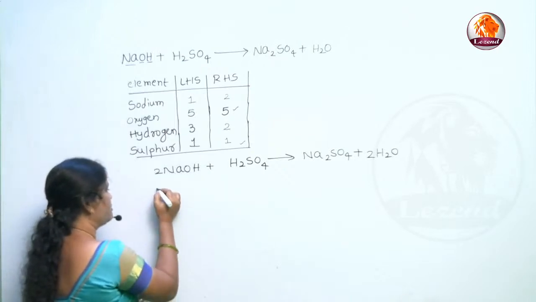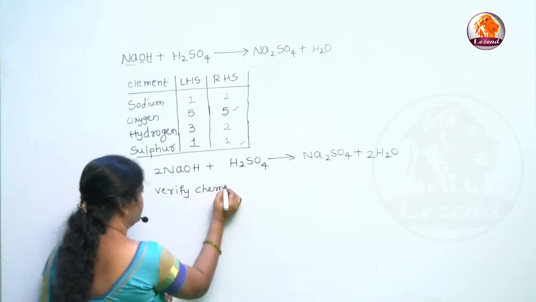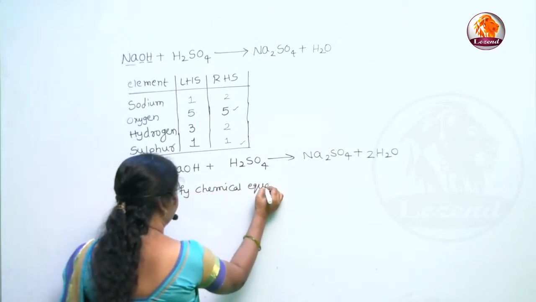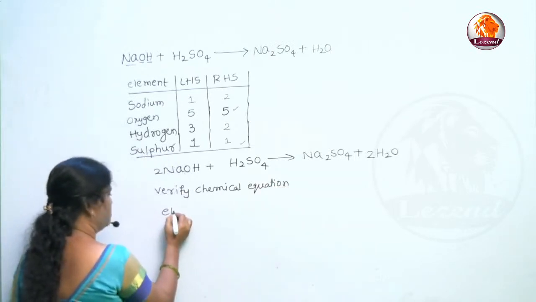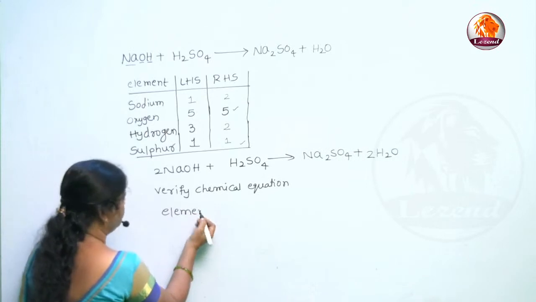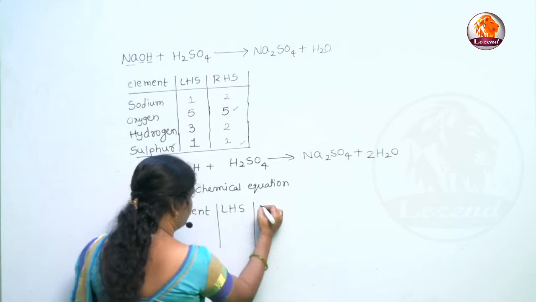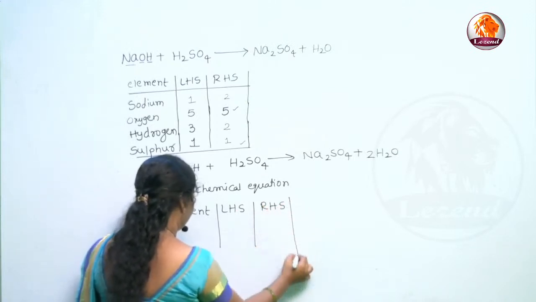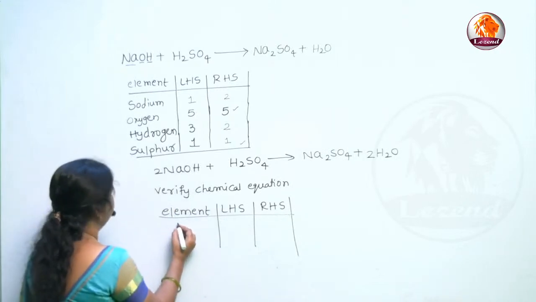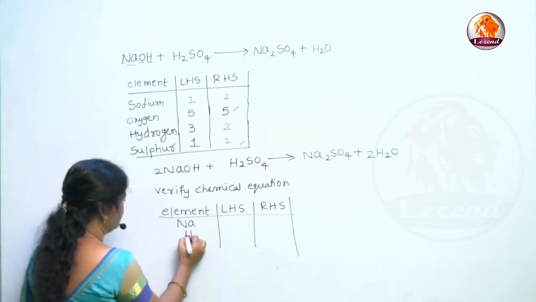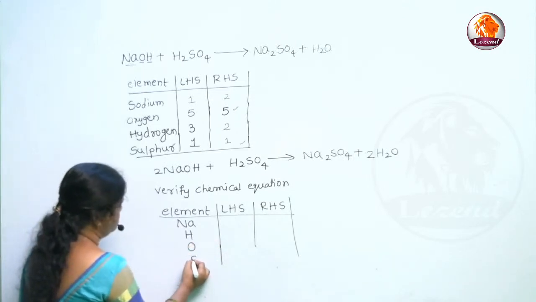Again, in step 4 we have to verify the given chemical equation. How do we verify here? After verifying, if we compare the atoms of each element on both sides, in the first table and the last table, the number of atoms of each element will be different. Here the atoms we have are sodium, hydrogen, oxygen, and sulfur.